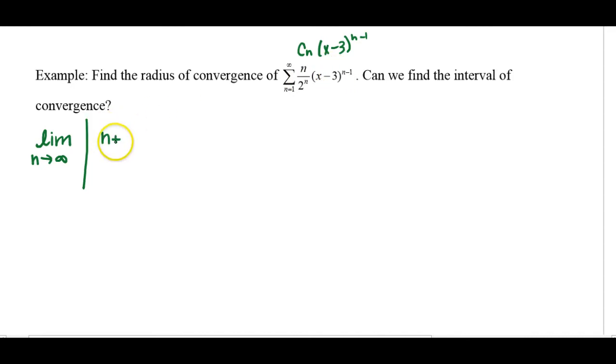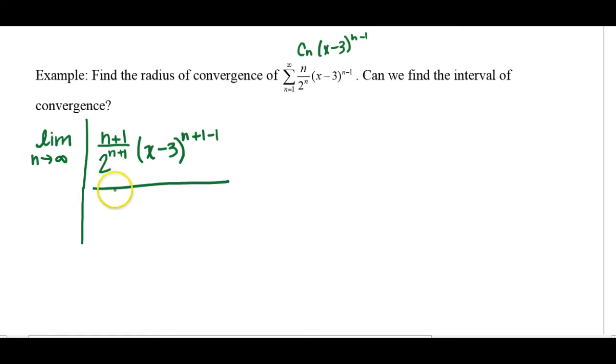So n plus 1 over 2 to the n plus 1 times (x minus 3) to the n plus 1 minus 1. This whole thing is a sub n plus 1, all over a sub n, so n over 2 to the n times (x minus 3) to the n minus 1.